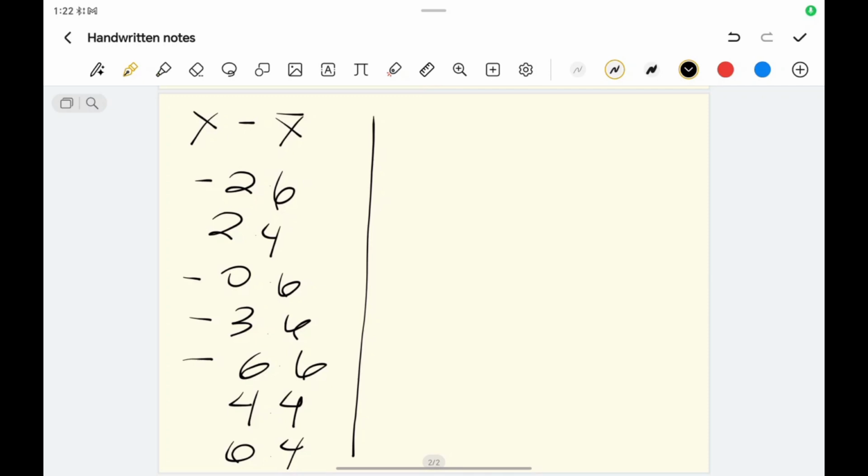So there you go. What we have here now is the difference of the numbers in the set and the mean. I've already subtracted them, and here are the differences. Next, we have to square these numbers, so x minus the mean, and then squared.